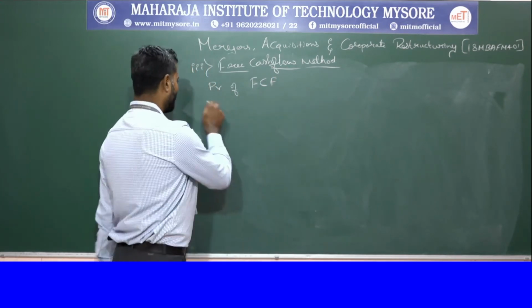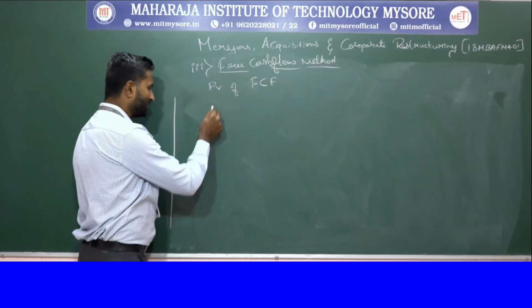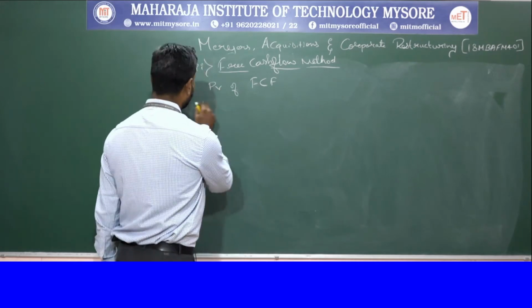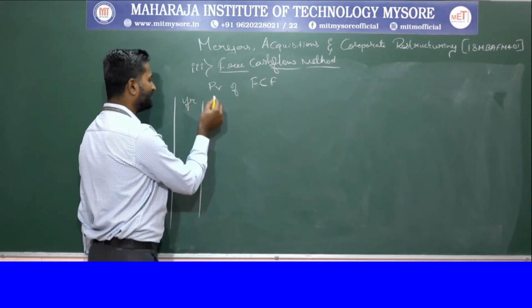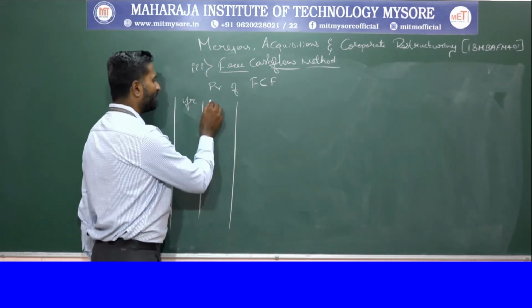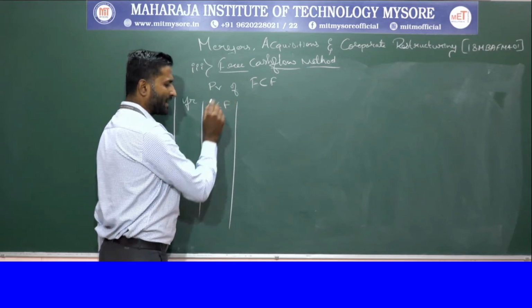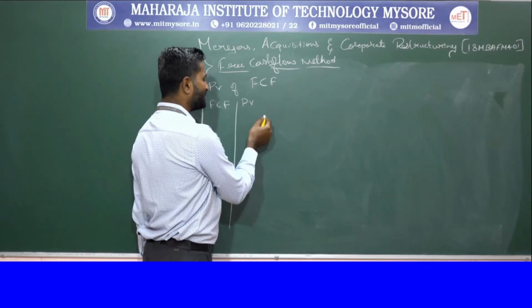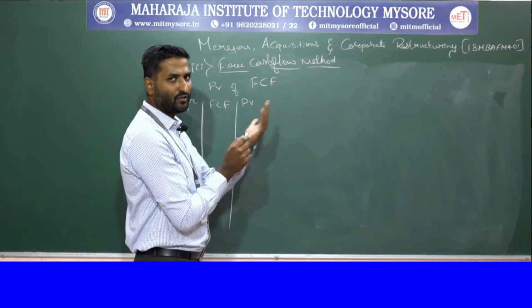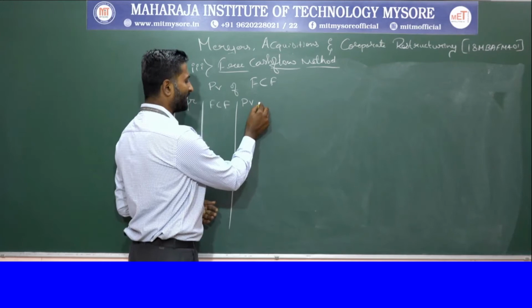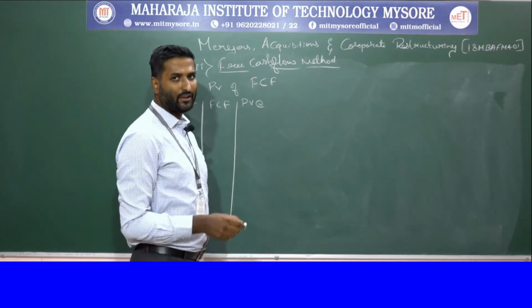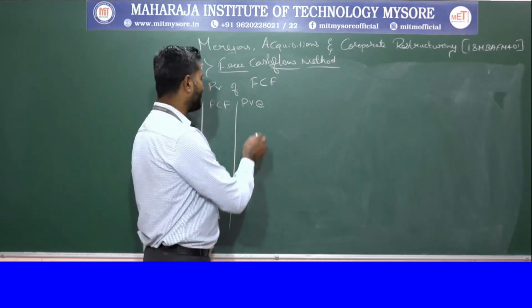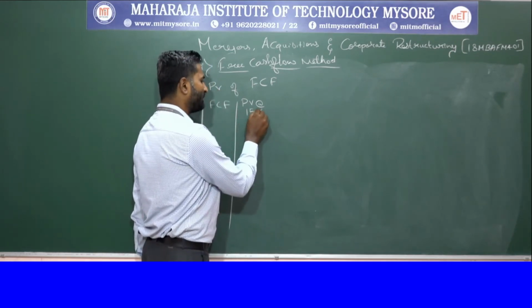So we require a table with 4 columns including year and whatever free cash flow they have given, and you take into consideration that future cash flows are being converted to present cash flow. So you have to make use of the cost of capital which they have given in the problem. The cost of capital they have given is 15%.